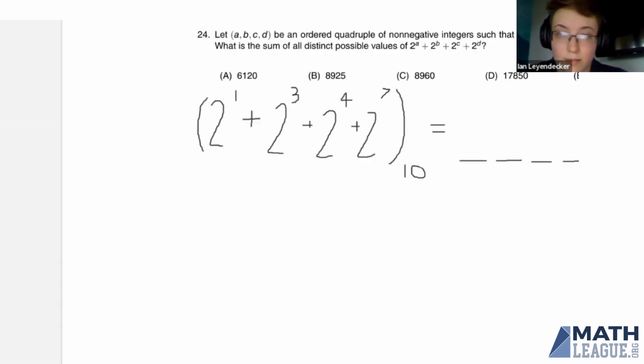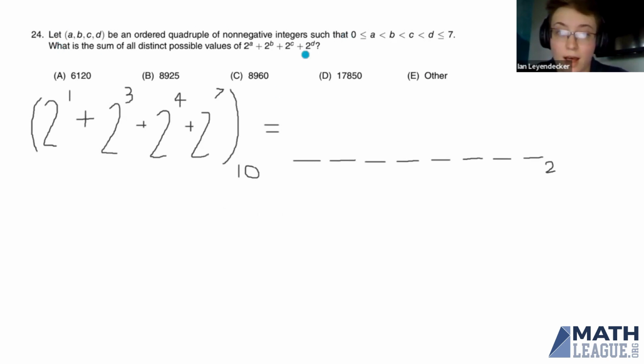One thing that you should see if you think about it is that any random A, B, C, D set, its sum when put into these exponent values is going to be a unique 8-digit number in base 2. So for a random example, 2 to the power of 1 plus 2 to the power of 3 plus 2 to the power of 4 plus 2 to the power of 7: this digit is going to be 0 because this is 2 to the power of 0. 2 to the power of 1 is present, so 1 will go here.